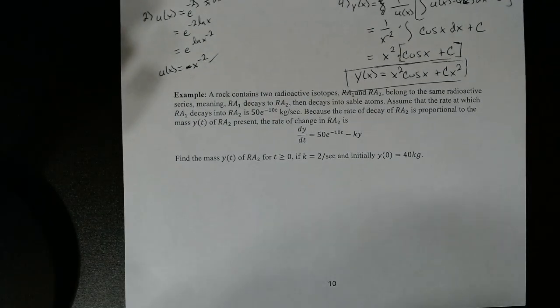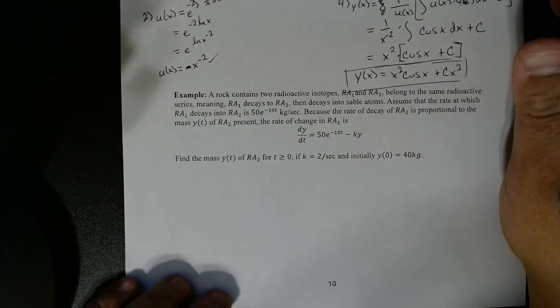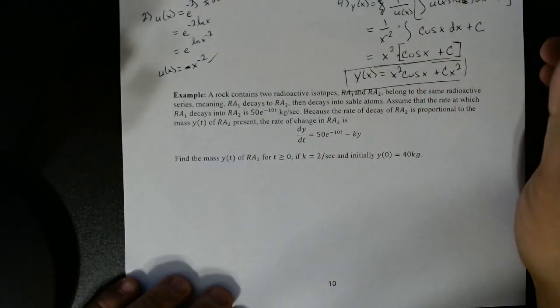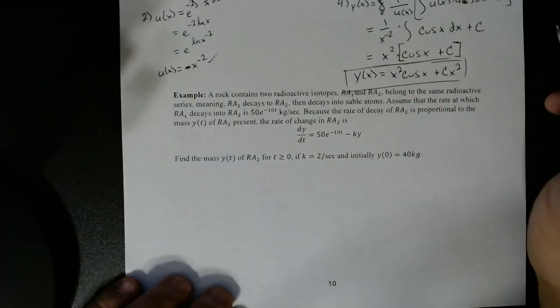A rock contains 2 radioactive isotopes, Ra1 and Ra2. They both belong to the same radioactive series, meaning Ra1 decays to Ra2, so this one goes to this one, then decays into stable atoms.